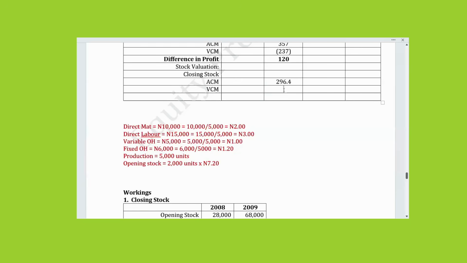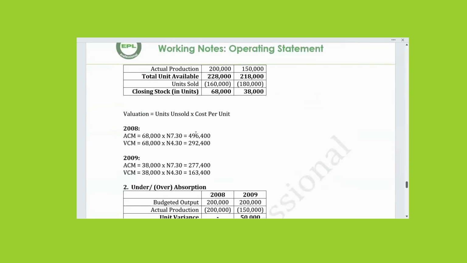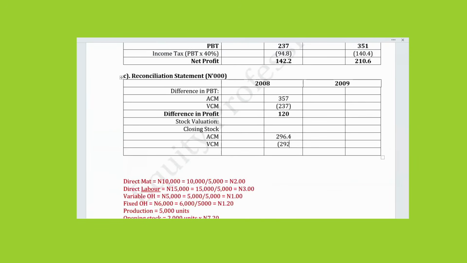Then, under marginal, closing stock for 2008 was 292.4. What's the difference? 4. Check that again. 4.